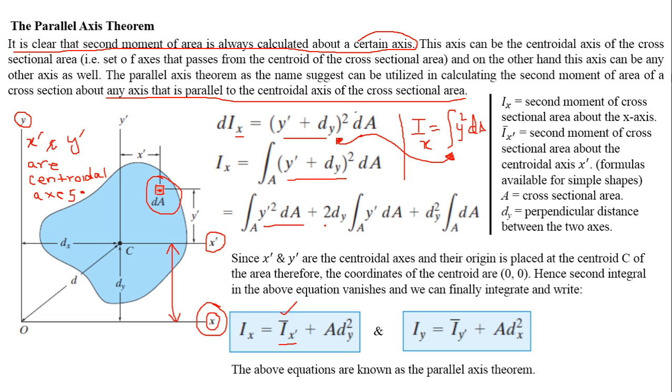And then if you look at this second integral, this has a value of 0. And why is this 0? Because this integral represents the first moment of area about the centroidal axis x dash.